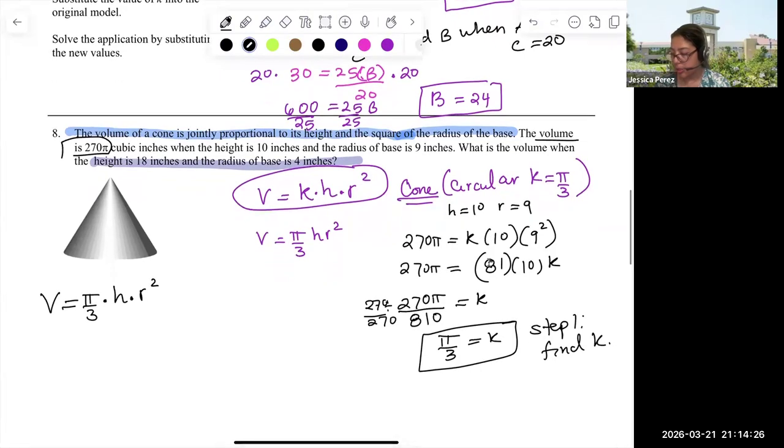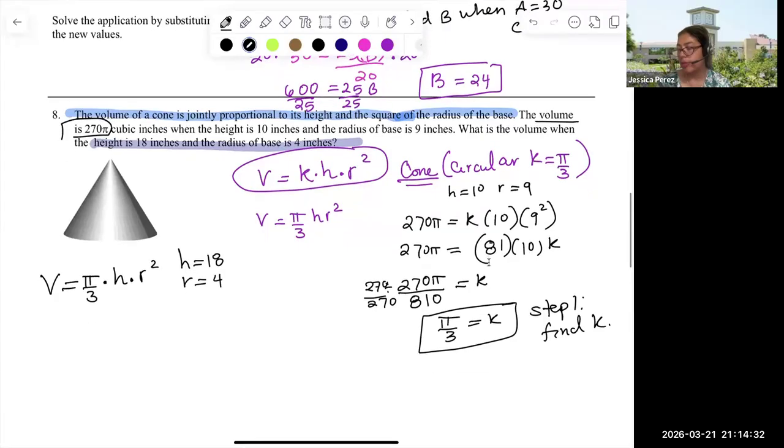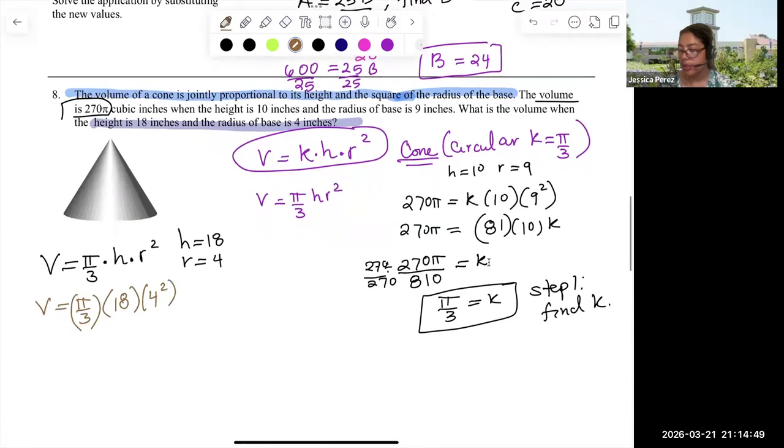So then H is 18 and R is 4. So now because we found K first, we're able to find the volume. So V is going to be equal to pi over 3, our K that we found from step 1, times 18 times 4 squared. So that's going to be equal to pi over 3 times 18 times 16.